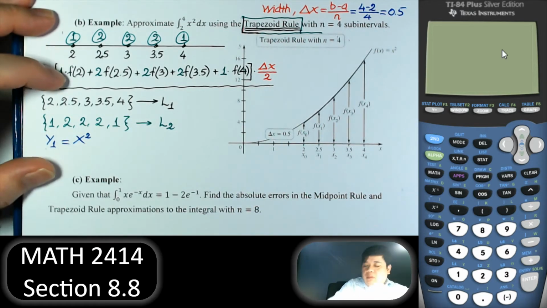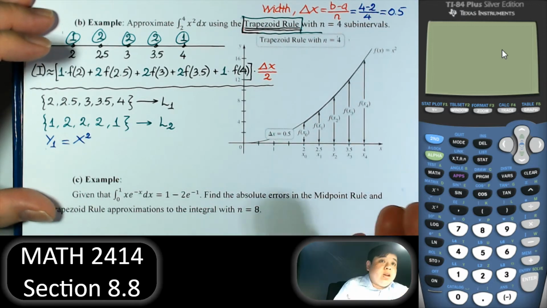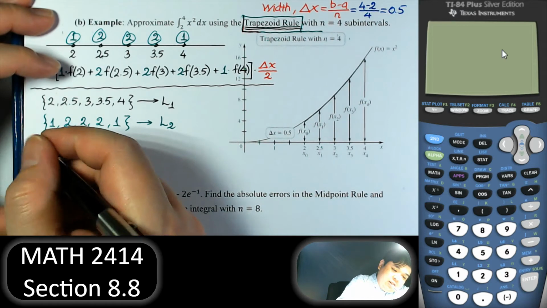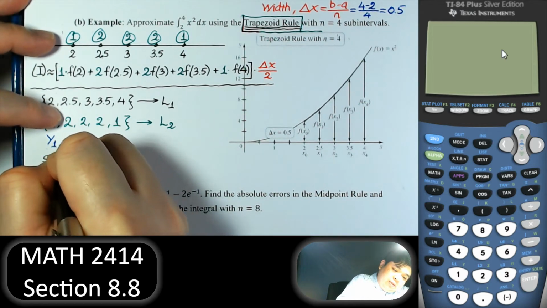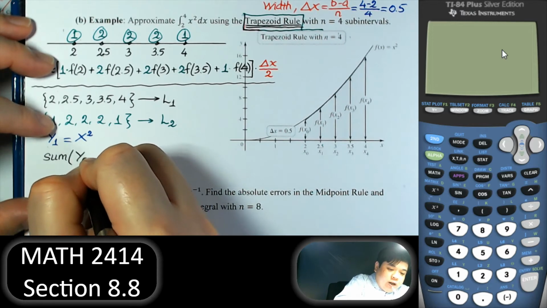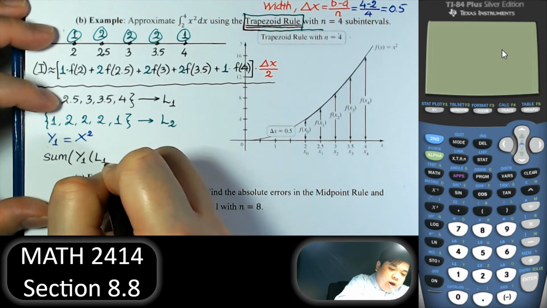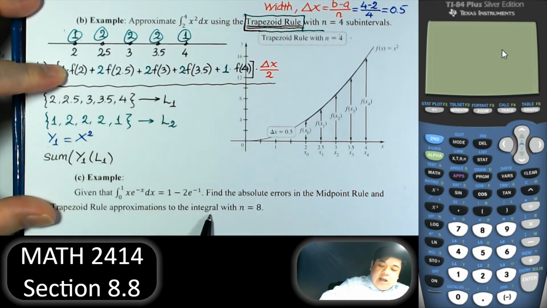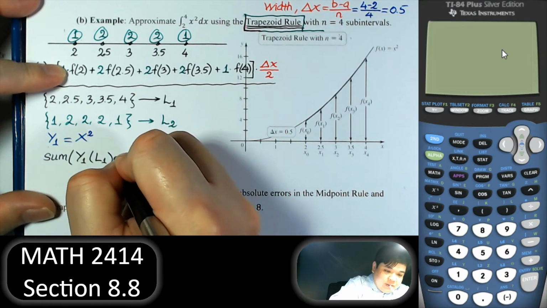And finally, the trapezoid rule is going to be the summation again. So first, we're going to have y1 at L1. So we evaluate the function at the list, and then multiply by L2.